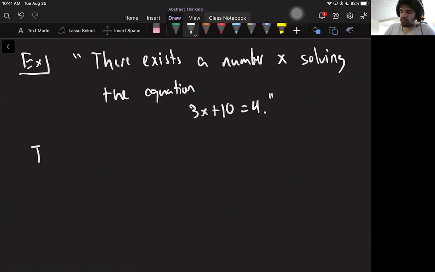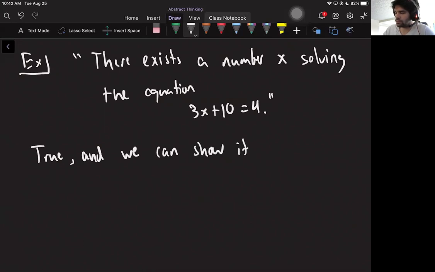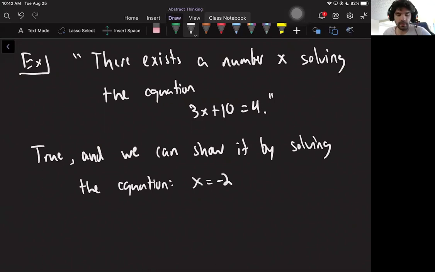In this case, it's true, and we can actually show it by finding it, or by solving the equation. So if you try to solve the equation, you'll get that x equals -2. So yes, there does exist such an x.